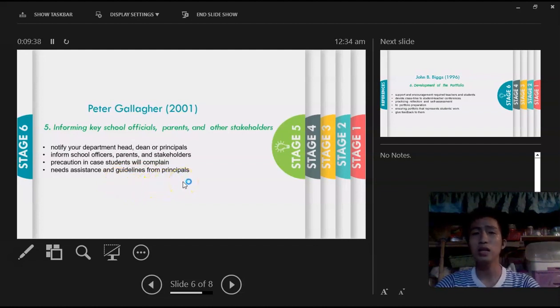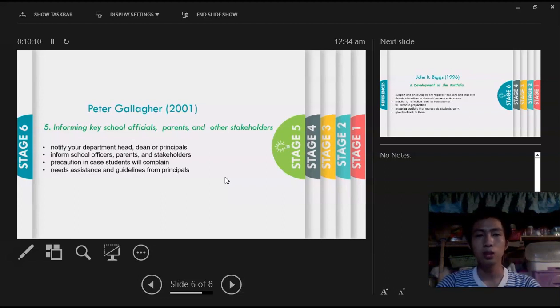As a teacher, you need to modify and set guidelines coming from the head officials or principals. So that's all for informing key school officials, parents, and other stakeholders.